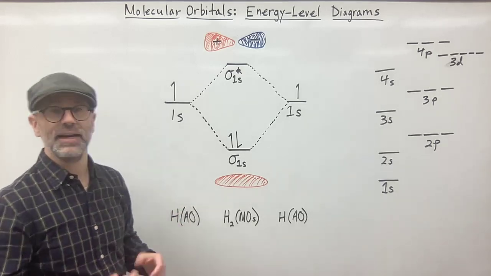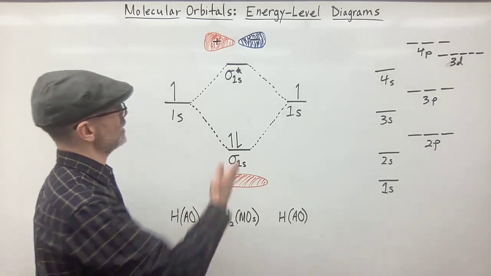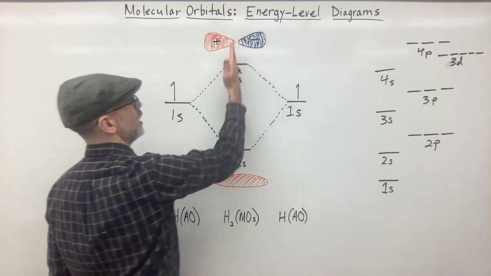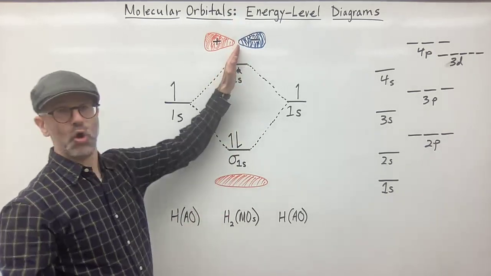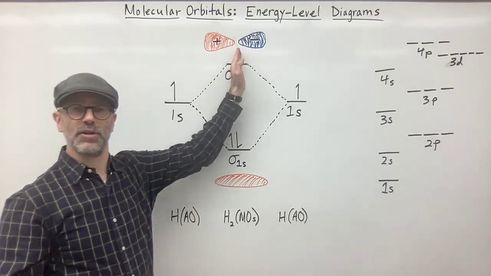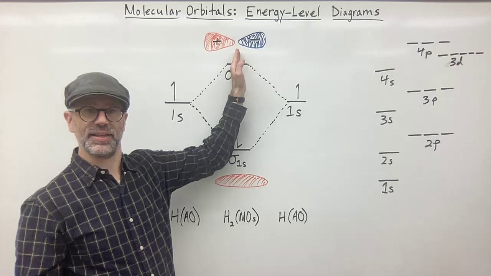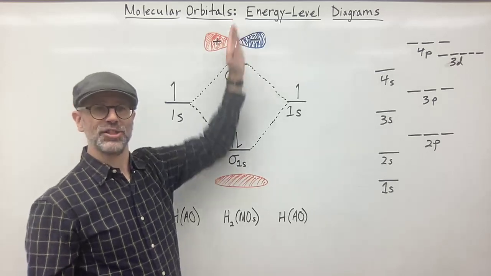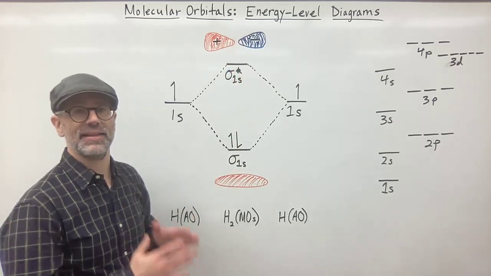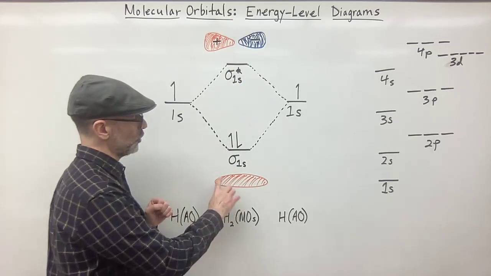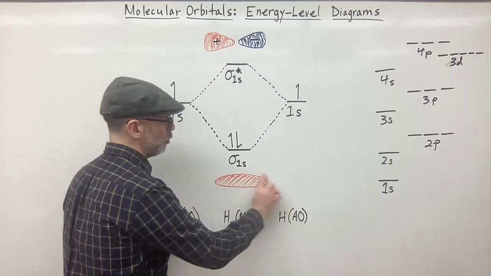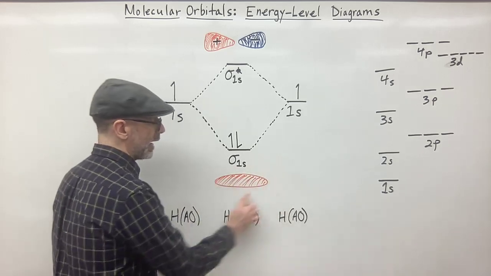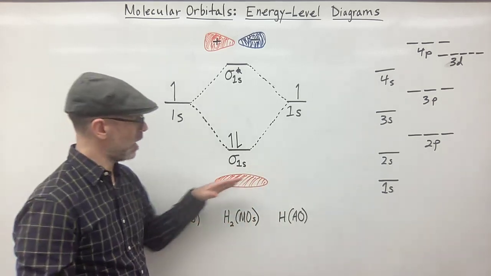Well, why is that? A couple of reasons. You'll see that there's a nodal plane here. This nodal plane indicates where there is 0 probability of finding the electron. And so that indicates that the electrons are not going to be shared equally by the atoms in the molecule.